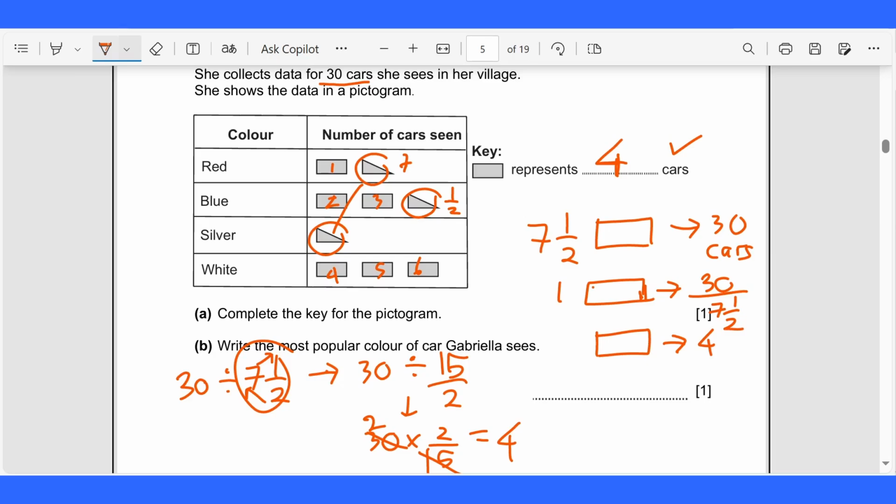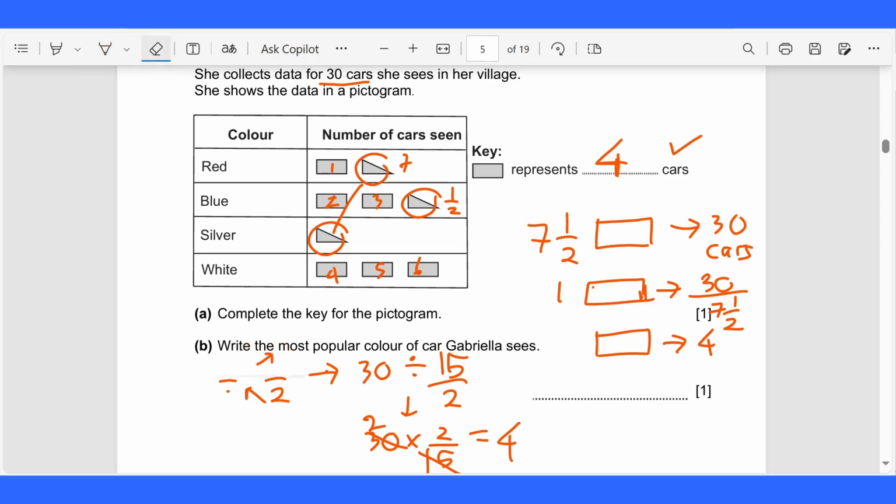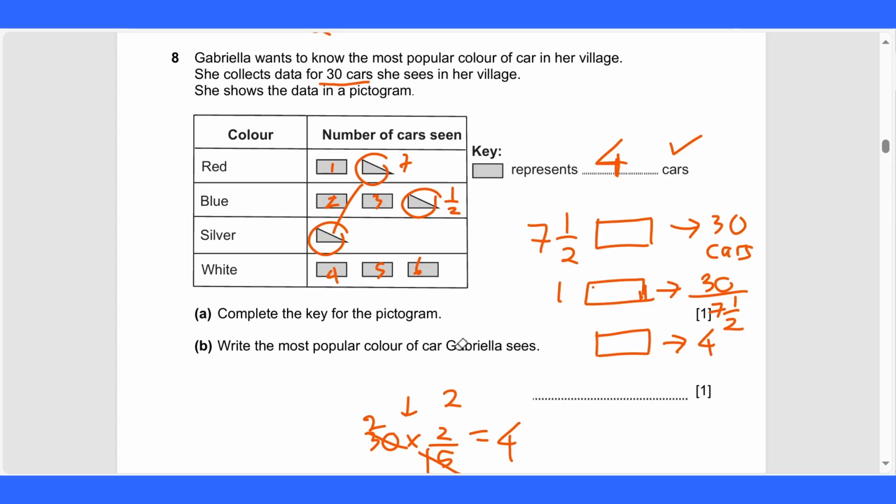Okay, next let's erase this one. We go to question B. Write the most popular color of car Gabriela sees.